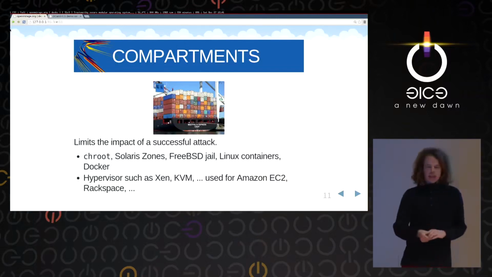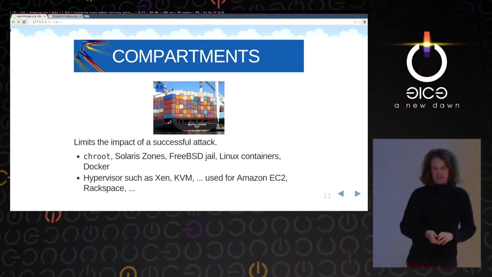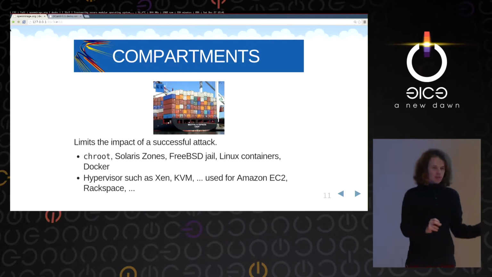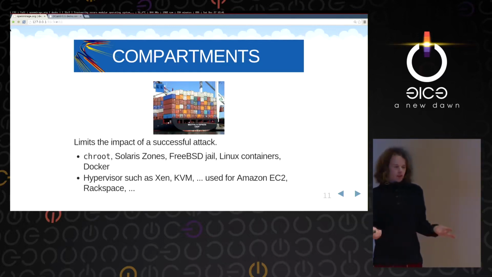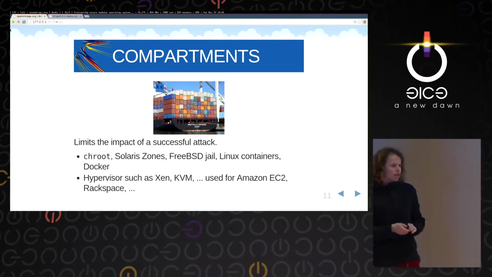So instead of running all services on one machine, on one operating system, you just spread the services across various different operating systems. Each service runs in a separate virtual machine or in a chroot environment, which was one of the first things developed there.